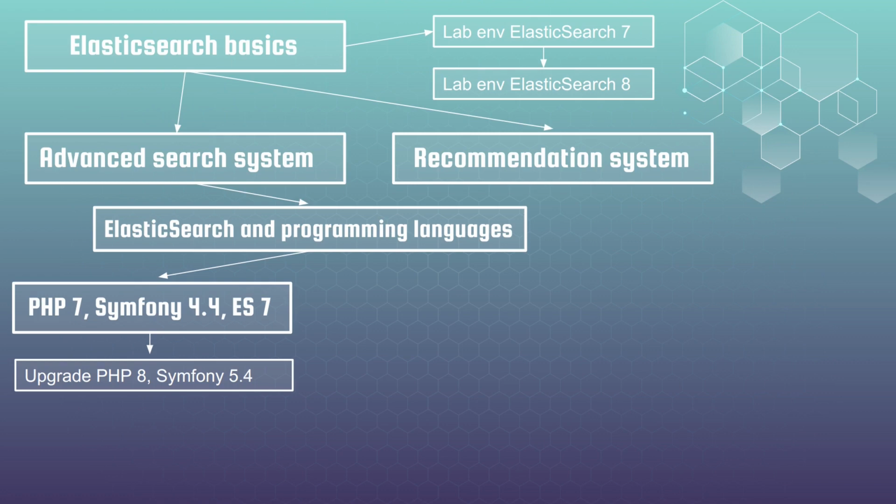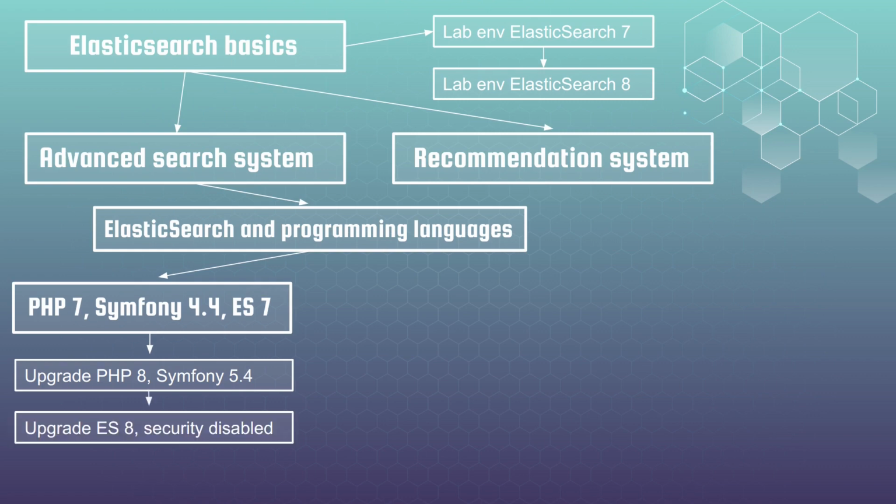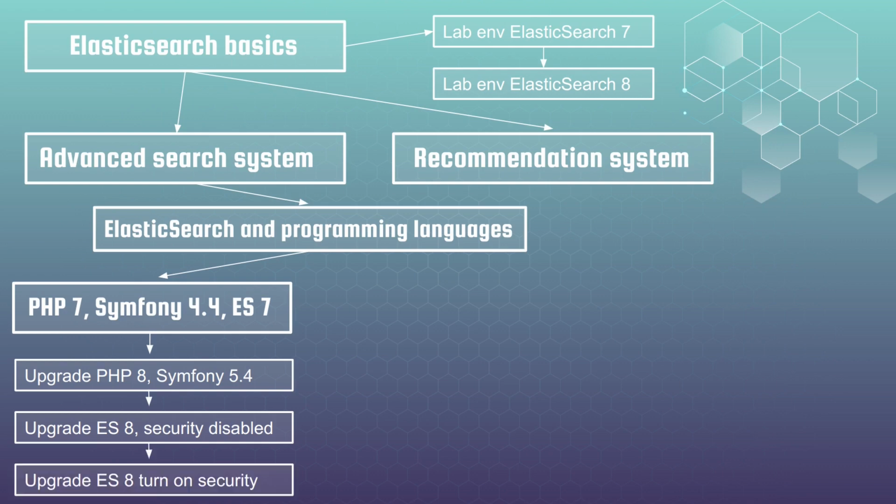In case you want to use Elasticsearch 8 version instead of 7th edition, go forward with the lecture Upgrade Elasticsearch 8 Security Disabled. And finally, if you want security to be enabled in Elasticsearch 8, continue with the lecture Upgrade Elasticsearch 8 Turn on Security.